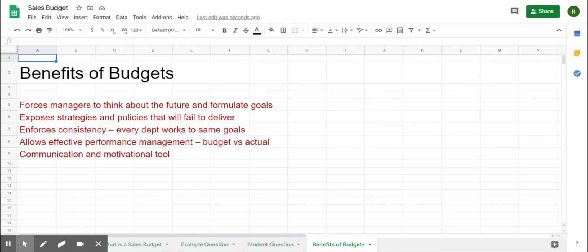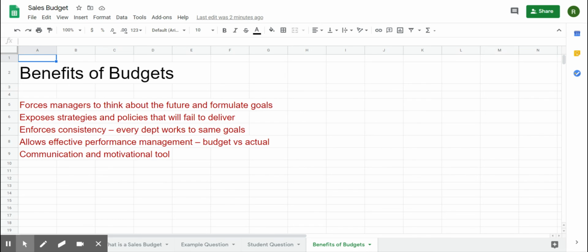It enforces consistency of goals within a business because the budgets are interlinked. So, for example, for the sales department to meet their sales budget, it also needs the production department to manufacture the products so that they can be sold.